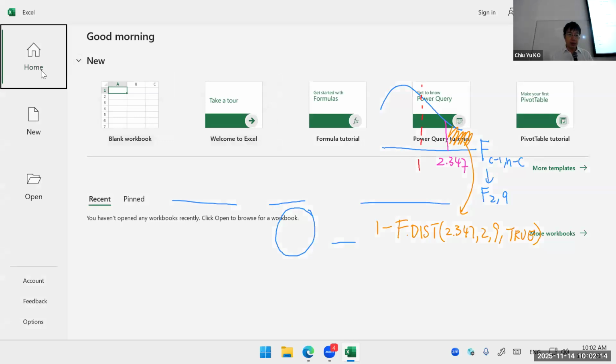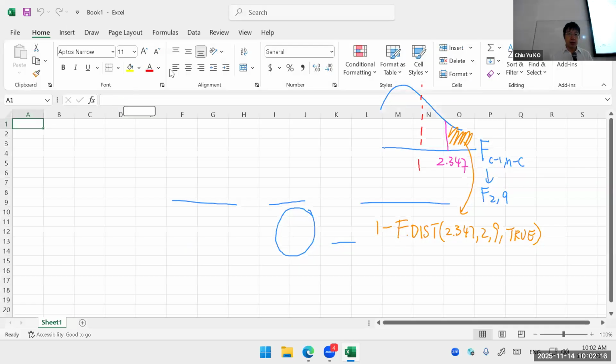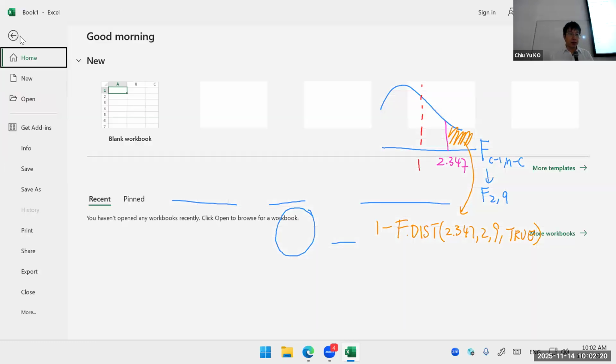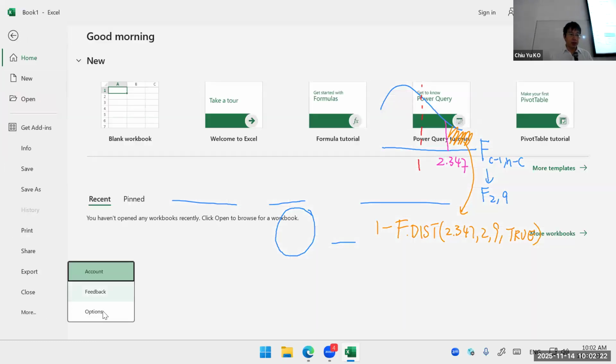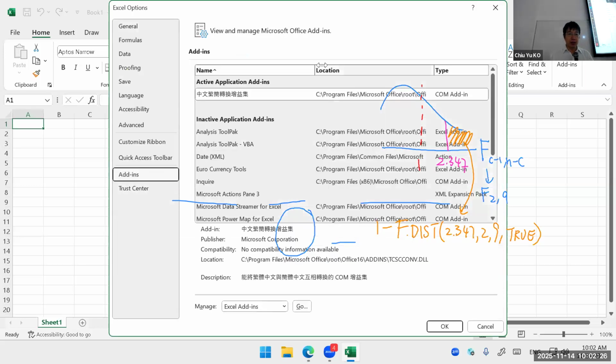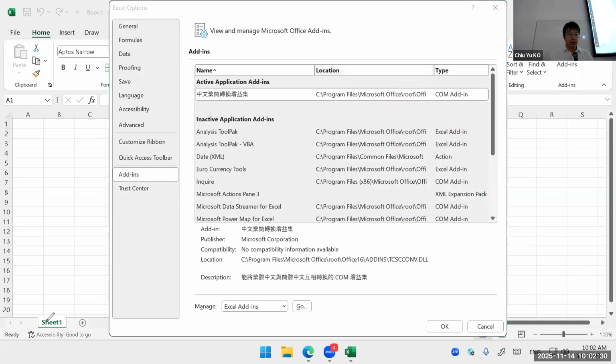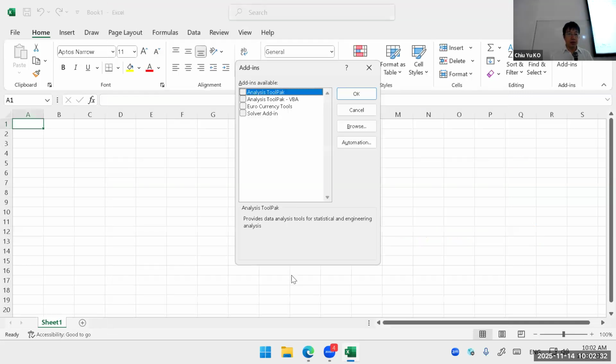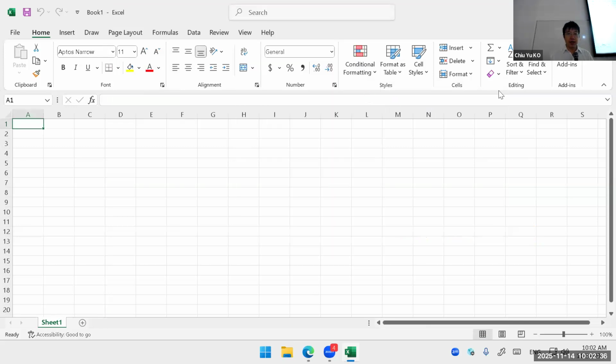Let me open the Excel file. So again, what I will do is use the Analysis ToolPak. So let me clear the screen first. Okay. And I will go to the Analysis ToolPak. We have done this many times before, right?